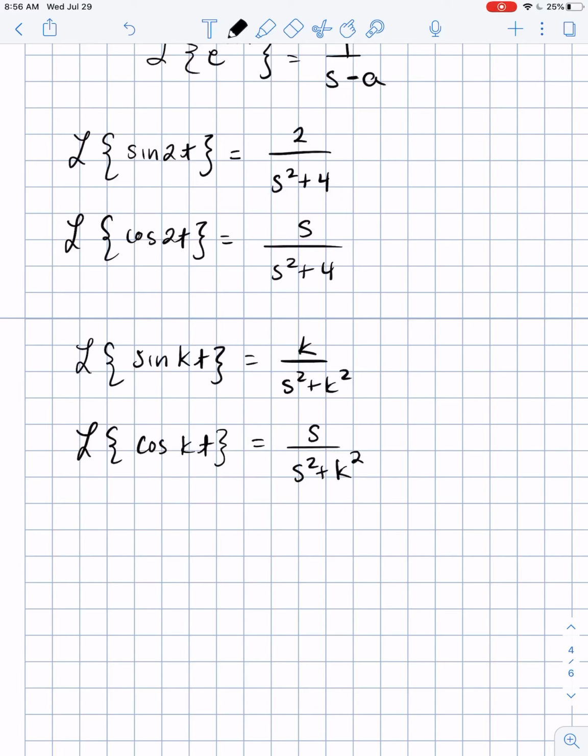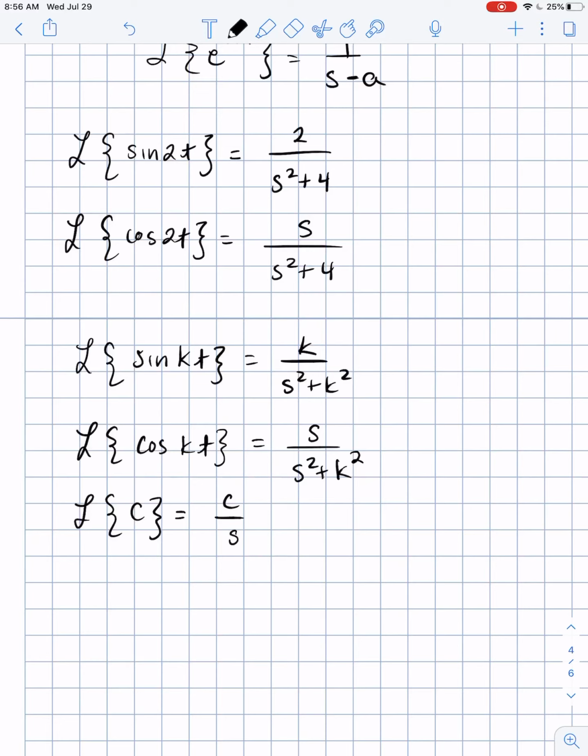All right, and then just remember, if we list all the things we have for our basic properties, any constant c that you have is going to be c over s.